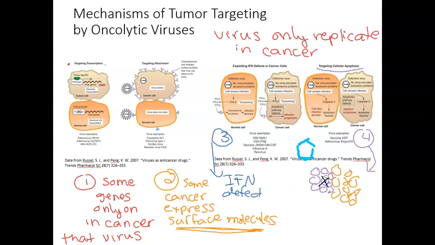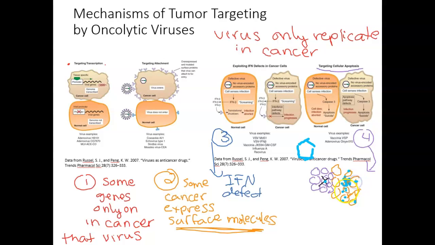However, many cancer cells have defects in the apoptosis pathway, and many cancer cells turn off apoptosis so they can replicate uncontrollably. So a virus gets into a cancer cell and apoptosis is not inhibited, so then this virus can spread and grow and replicate, and then it can spread to the other cells.